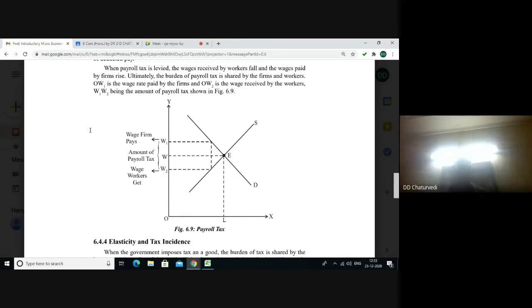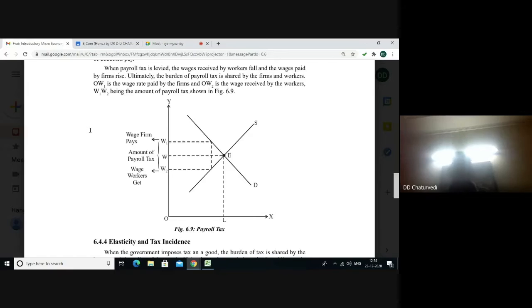Here we find that out of this payroll tax of W1, W2, WW1 is borne by the firm because the firm is paying this much additional wages to the workers, while WW2 is the portion of payroll tax which is borne by the workers, because by this much amount less wages are being received by the workers.